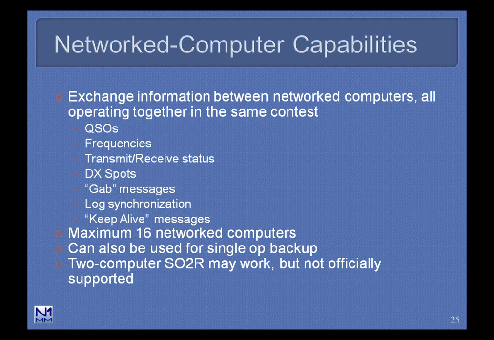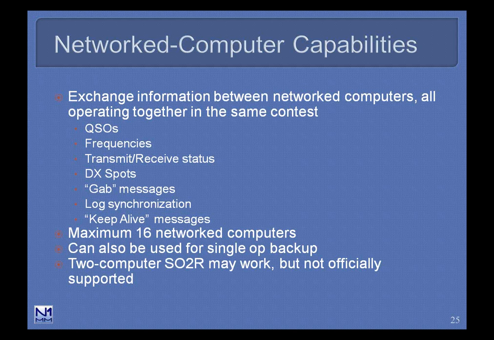The capability in network computers is to exchange information between the network computers that are all operating together in the same contest. They exchange information on QSOs that are made, what frequencies each radio attached to the network computer is operating on, and whether each attached station is transmitting or receiving at this time.